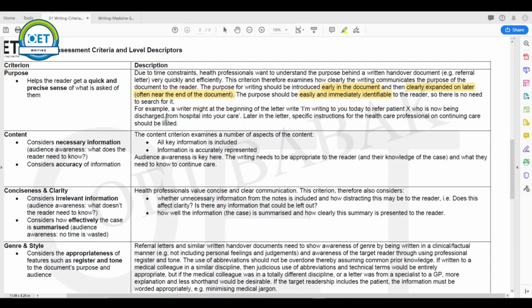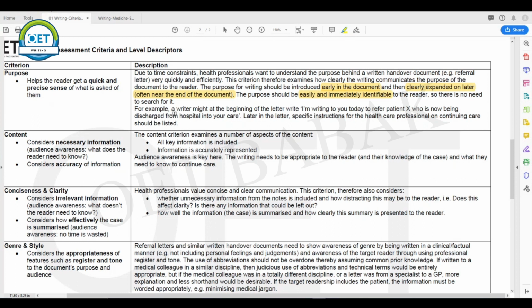For example, a writer might, at the beginning of the letter, write, "I'm writing to you today to refer patient X who is now being discharged from hospital into your care."